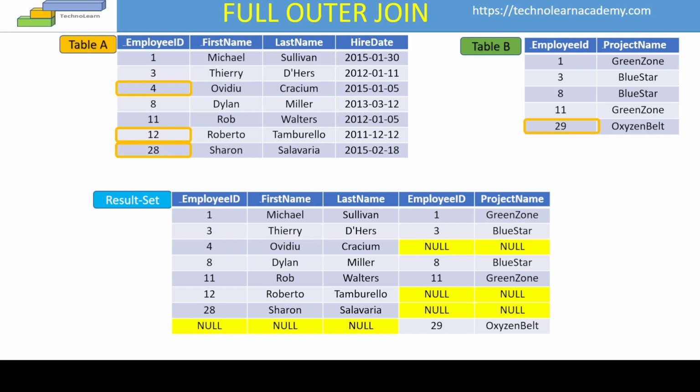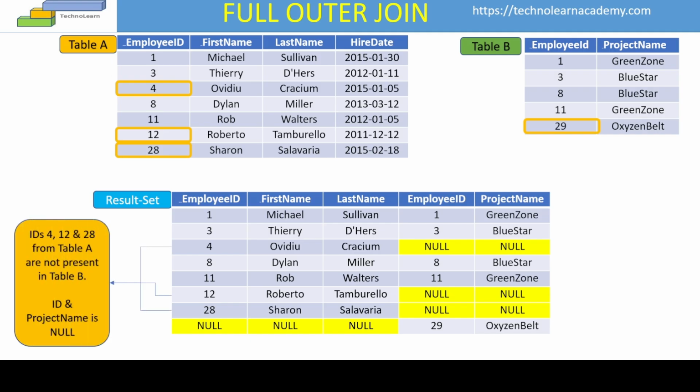Let me explain this data set. Because we have applied the full outer join, and employee IDs 4, 12 and 28 from the left table, or table A, are not present in table B, that's why we will receive null in project name for employee IDs 4, 12 and 28.